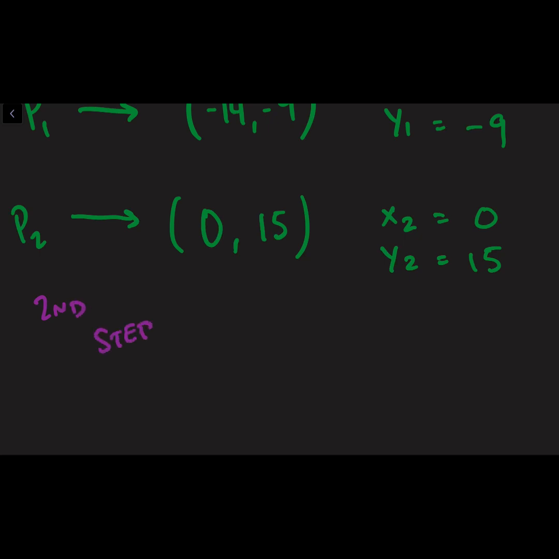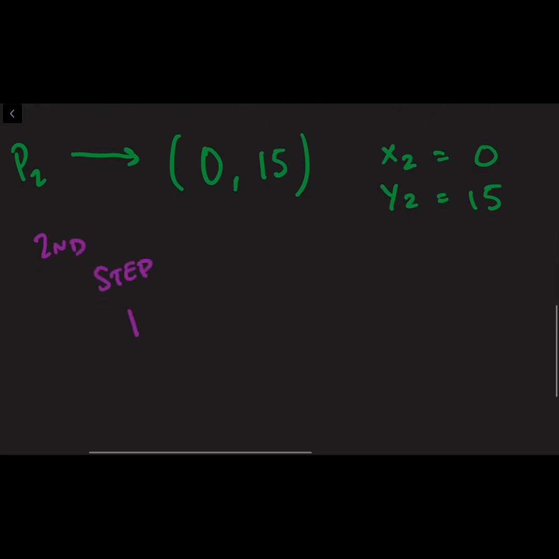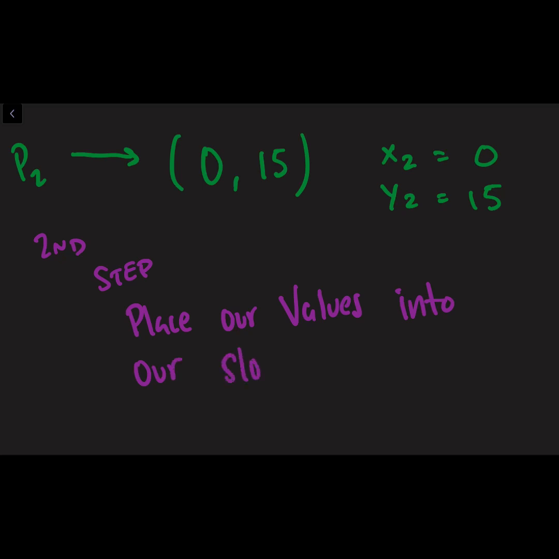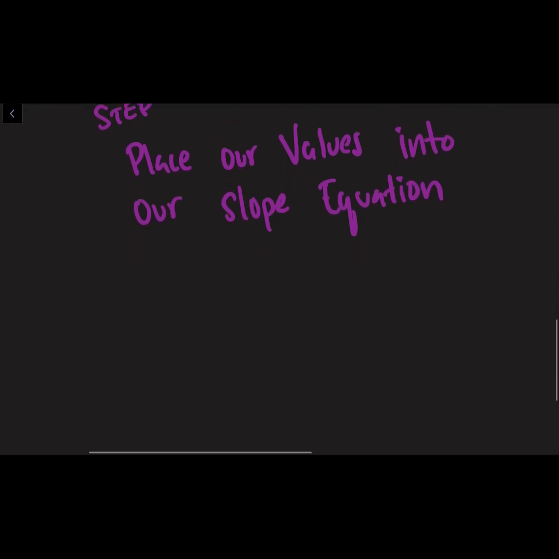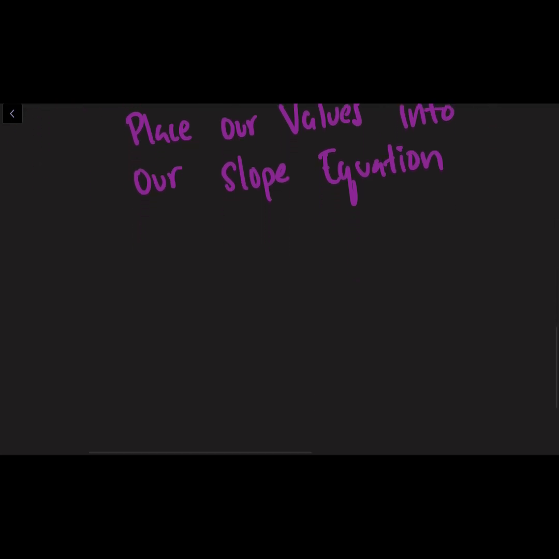For our second step, we're going to place our values into our slope formula. Once we do, that gives us m equals y2 minus y1 over x2 minus x1.